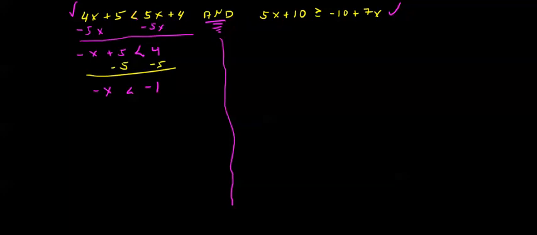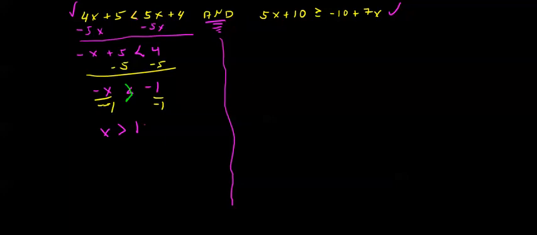Lastly, for this side, I have to divide both sides by negative 1, because I want to know what x is, not negative x. And because I divided by a negative, remember from yesterday, switch the direction. I end up with x is greater than 1.